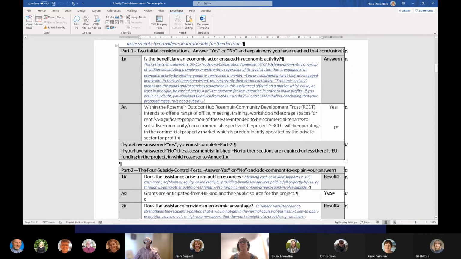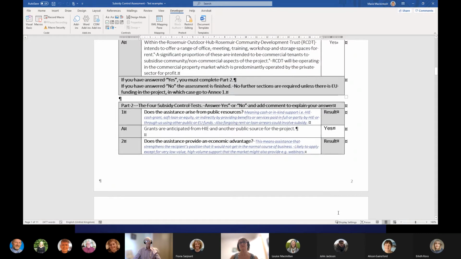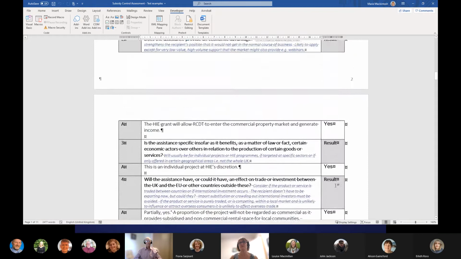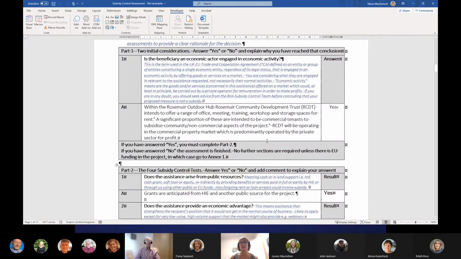So in this example, the guidance is, although you might be putting your yes or no in this column, please make sure you put a reasonable explanation in here as to why you've reached your conclusion, especially if it's a mix.